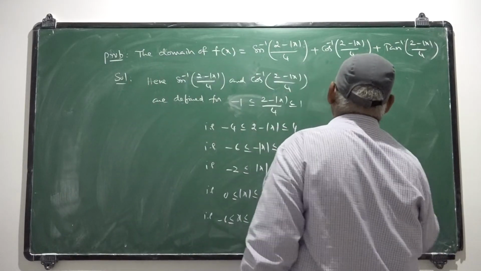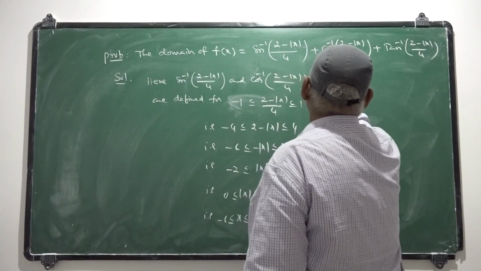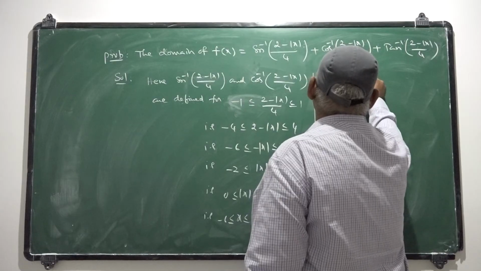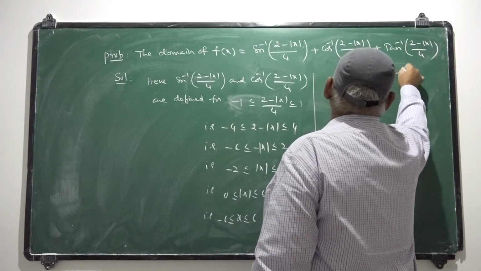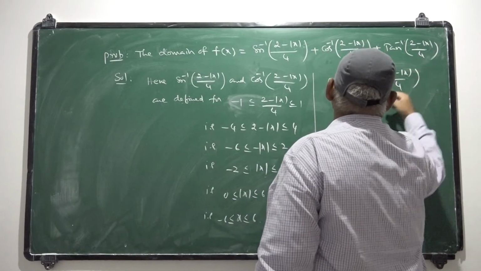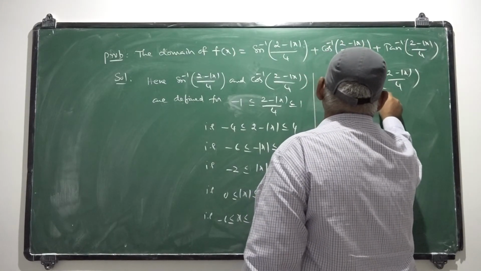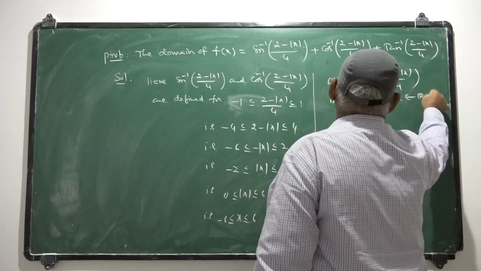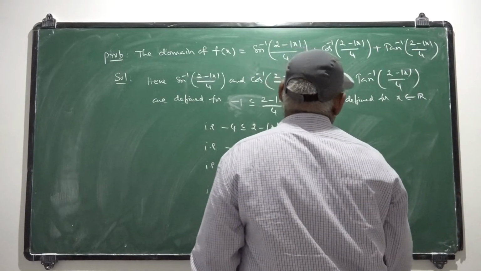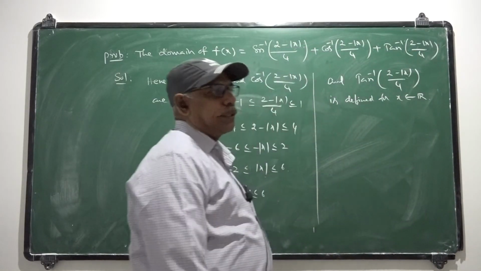And moreover, the tan inverse function of 2 minus mod x by 4 is defined for x belonging to R. Once this is a real number, for all real values of x, tan inverse function is defined.